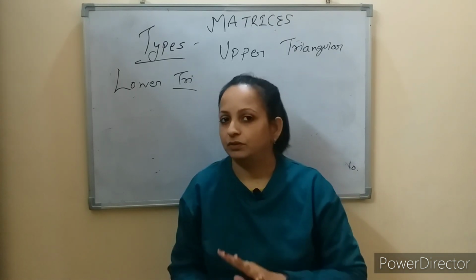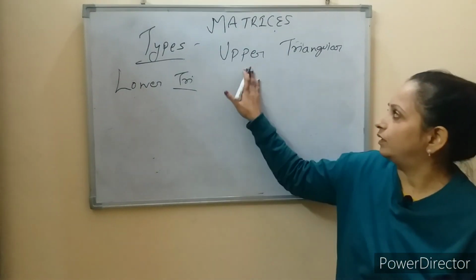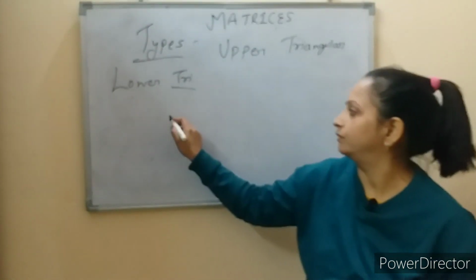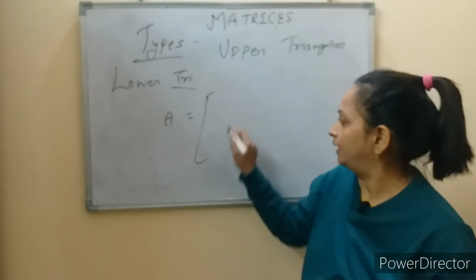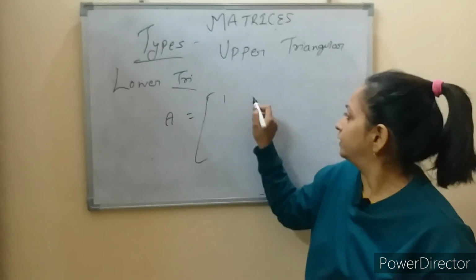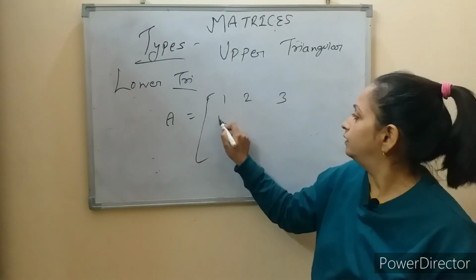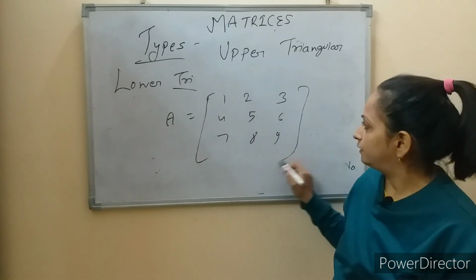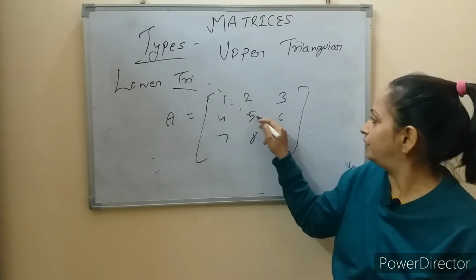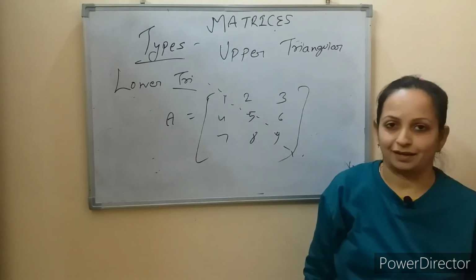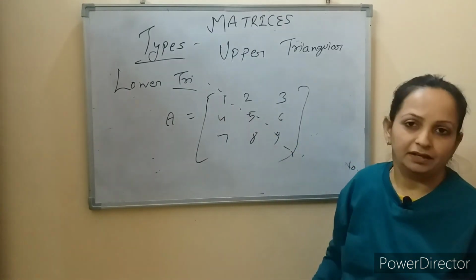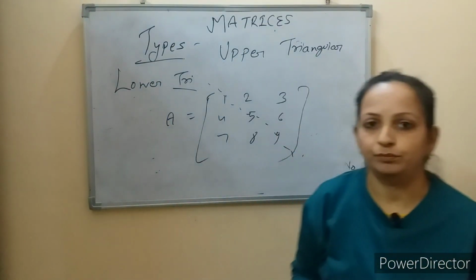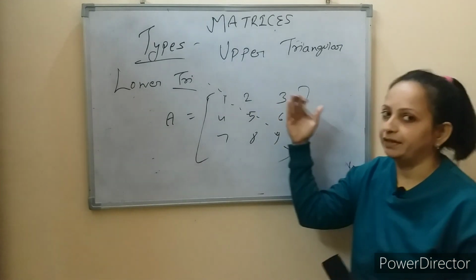Okay, so till now the definitions are clear, and now we are moving to the triangular matrices, that are upper triangular and lower triangular. So how will we define this? Just like we are having this matrix 1 2 3 4 5 6 and 7 8 9, and now we clearly know that this is my main diagonal, 1 5 and 9. So the upper triangular matrix condition says that elements would be on the upper side of the main diagonal.